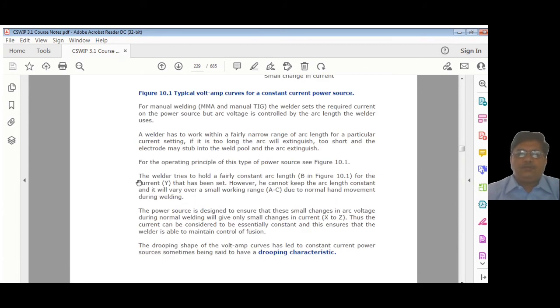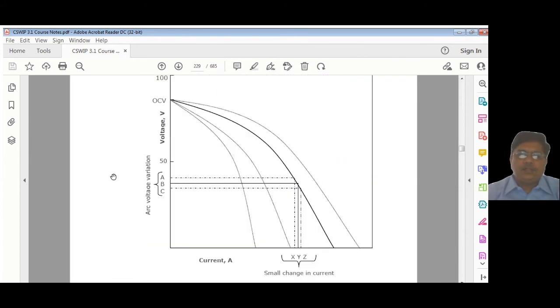The welder tries to hold a fairly constant arc length, B in figure 10.1. If he goes to A position or C position, the current also changes.